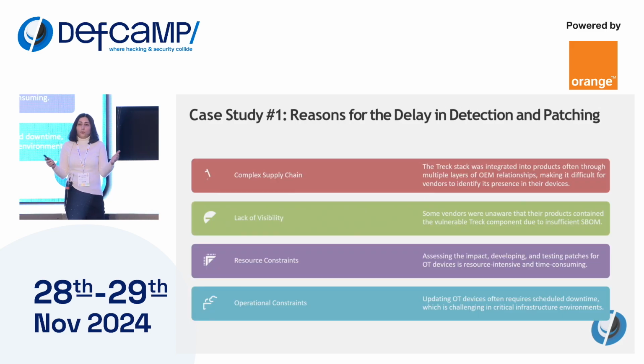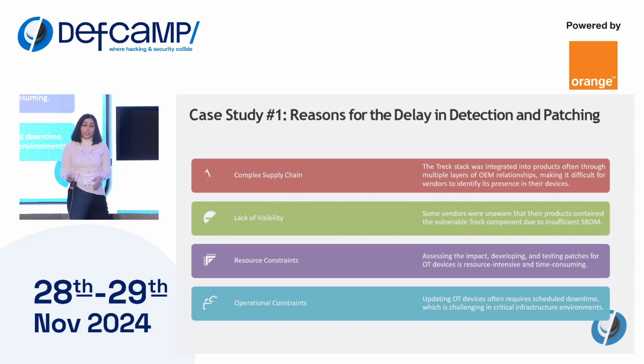And the main reason was, of course, complex supply chain security. Lots of these vendors didn't have SBOM generation and didn't have any idea if they have Treck. The second thing was their lack of visibility, and the third thing was resource constraints. Whenever a vulnerability is reported, it also takes some time for the manufacturer to look into it, understand the impact, and develop a patch for it.